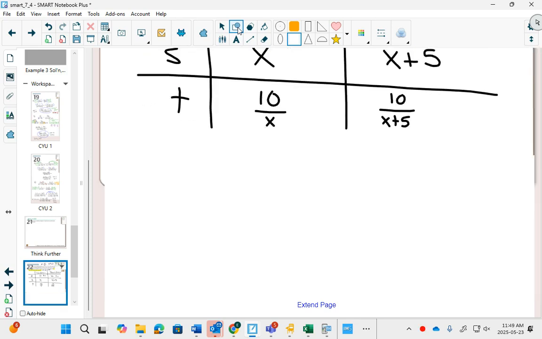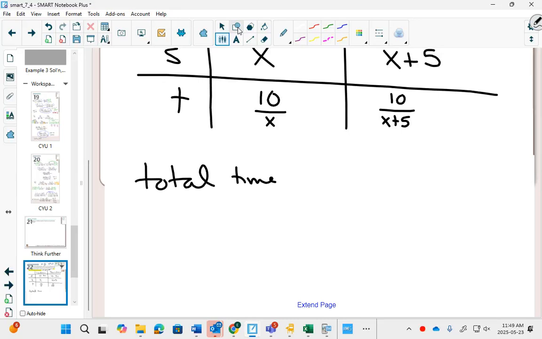The question was asking us to find the total time. Well, the total time would be one time plus the other time. So it's going to be 10 over x plus 10 over x plus 5.